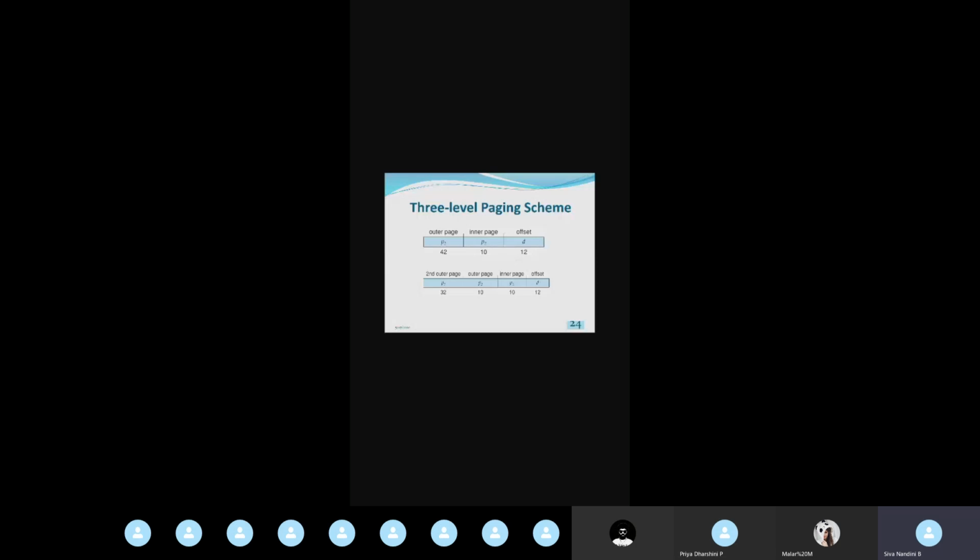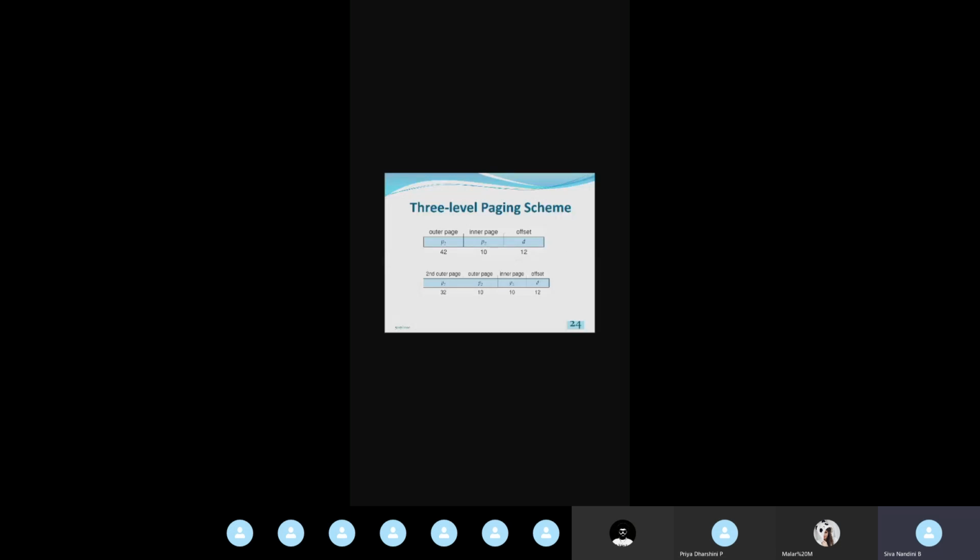That is in the slide number 24, I have provided for the same 64 bit address space with two level paging. In the figure shown above, in two level paging the offset value will be 12, the inner page table will be represented by 10 bits and the outer page table will be represented by 42 bits. So this 42 is a very large size, so only we are going for three level paging. In this three level paging, this 42 bit outer page table is again divided into a second outer page table.